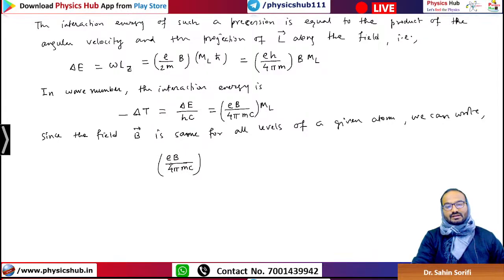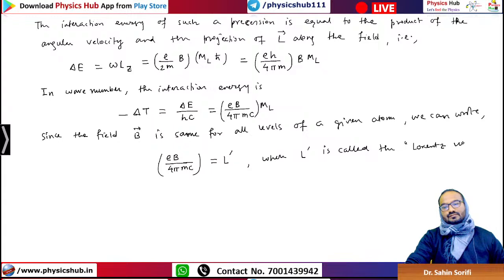E is constant, 4 pi is constant, m is the mass of the electron, which is also constant, c is constant, and B is the same, so it is constant for a particular atom. We call this quantity L prime, known as the Lorentz unit.